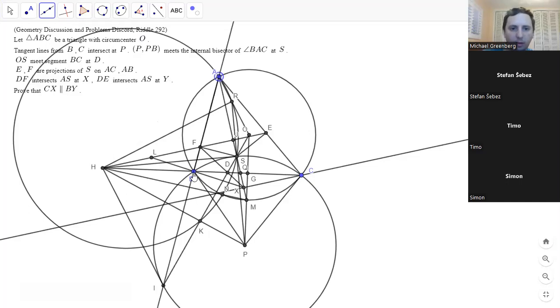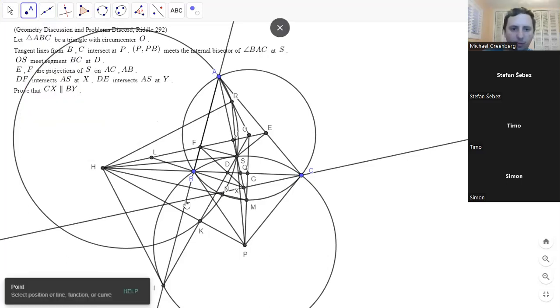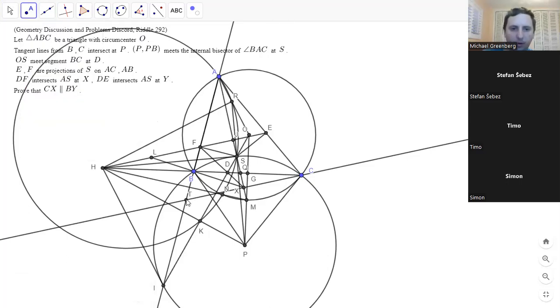Basically, we just want to show... wait, is that trivial? HBDC is harmonic. We're going to project through F onto XC. Then we get TXC, and we want to show it's the point at infinity, but since X is on an angle bisector, is it just obvious? Maybe that solves the problem.